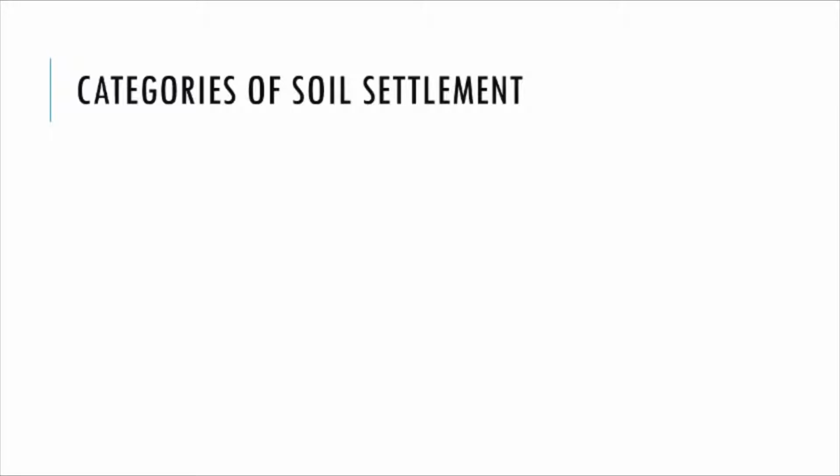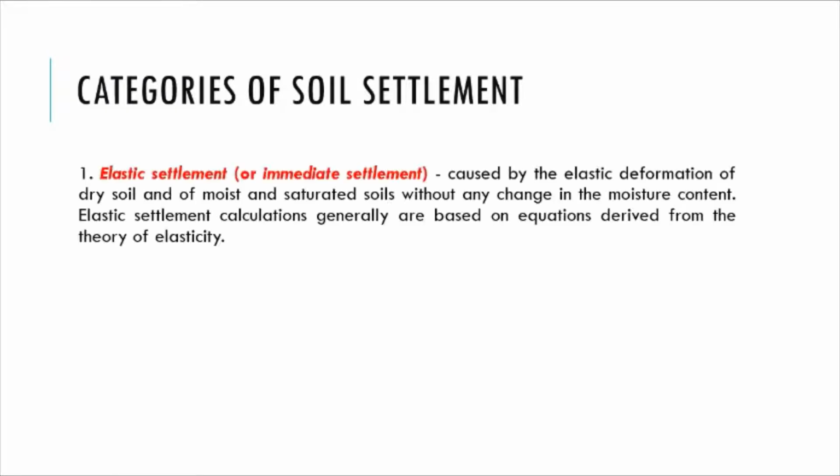Okay? So, what are the categories of soil settlement? Number one is what we call the elastic settlement or the immediate settlement. This is the first settlement that occurs right after the load is applied to the soil.